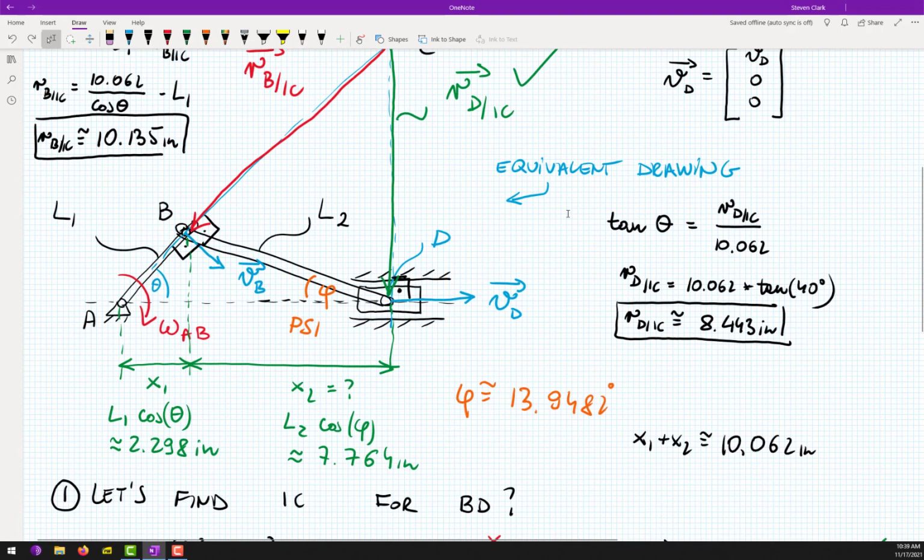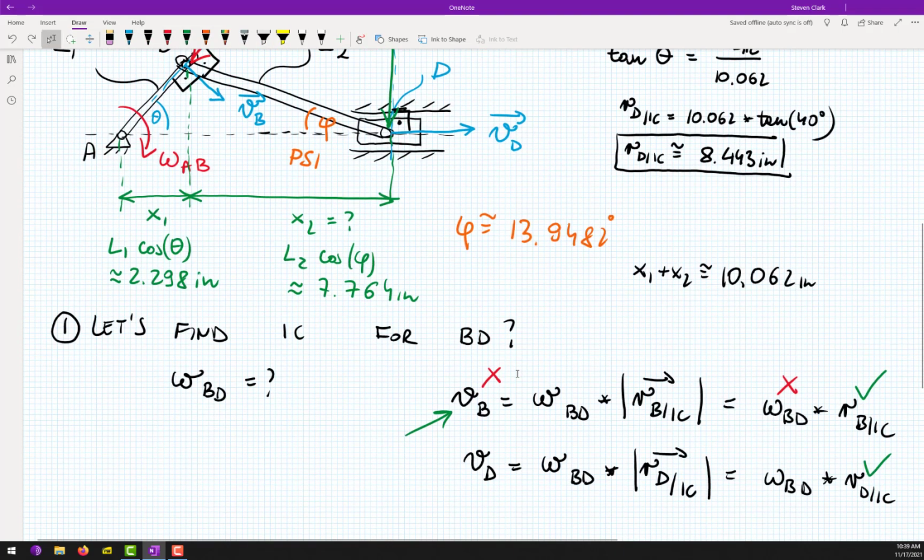Exactly. But we can do it even faster. Do you remember our pre-recorded video on Wednesday? It was about fixed axis rotation. So look, point A is fixed, so we can just write that VB is equal to omega AB times this distance, and this distance is L1.